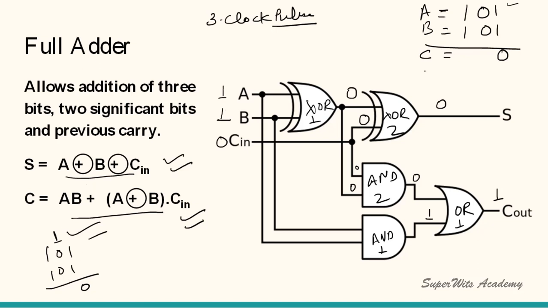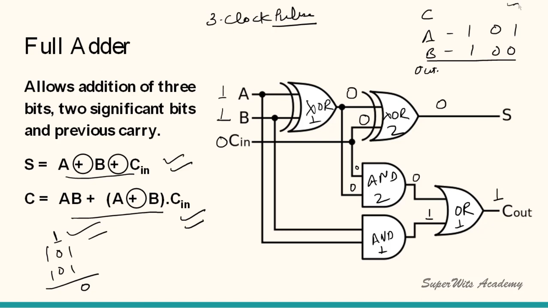Let me do it in a similar way. Let me rewrite this expression. We have C, we have A, and B, and the output is like this. So for 101 and 101, the carry is 0 at this place.